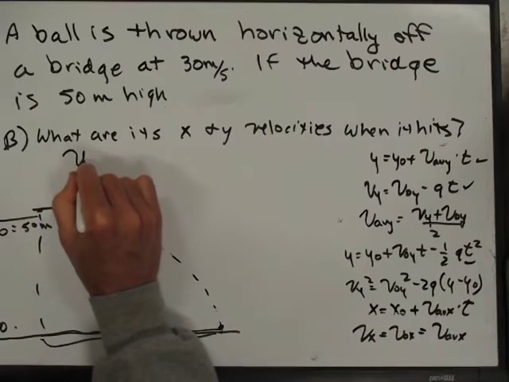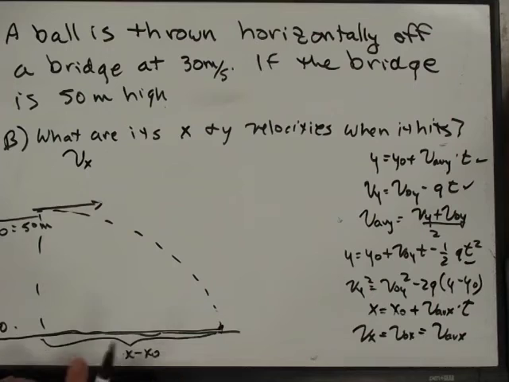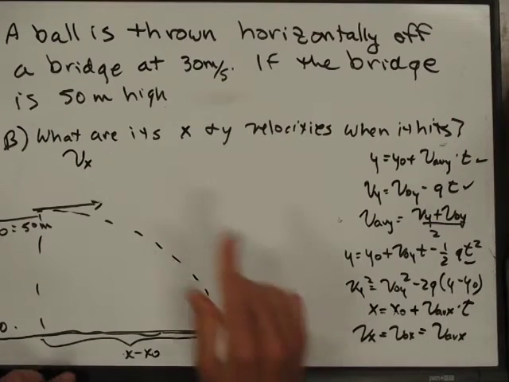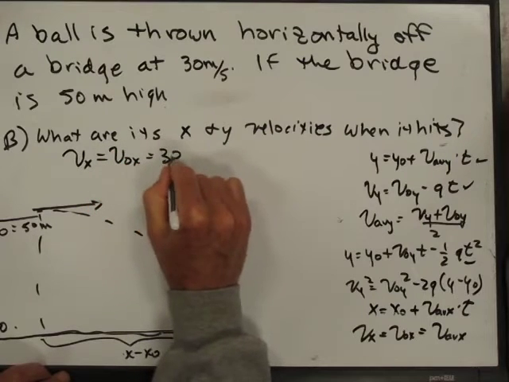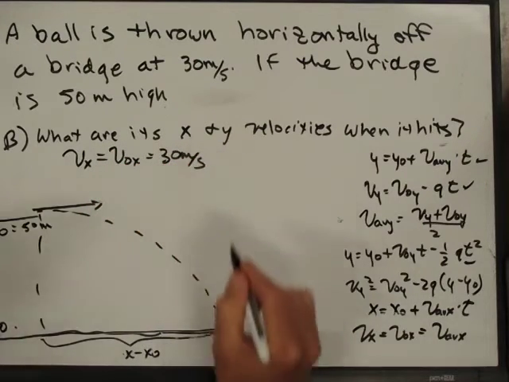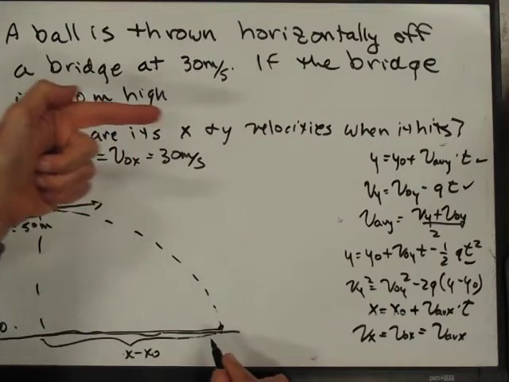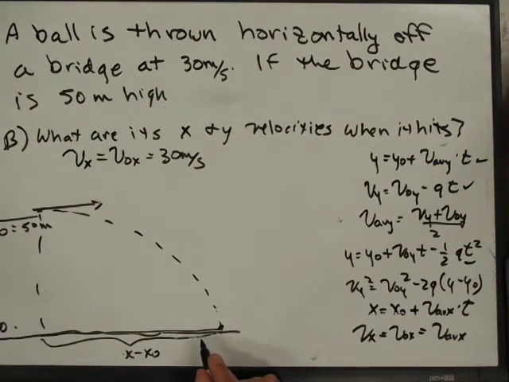And so we can say Vx, well, the x component of its velocity is just the same as the initial x component of its velocity. And we already said that was 30 meters per second, because if it was thrown 30 meters per second horizontally, that's the speed it's going the whole time horizontally, right?